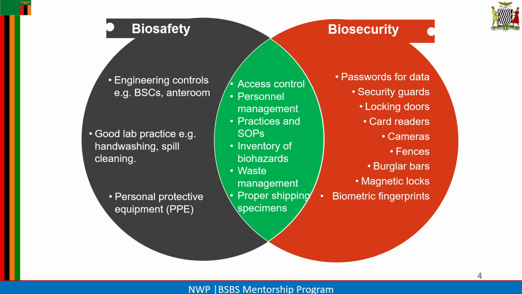So these are just some examples of biosafety, biosecurity, and those that fall under both. There are a lot more examples; these are just some of the examples that we can give for biosafety measures, biosecurity measures, and those measures that fall in between.